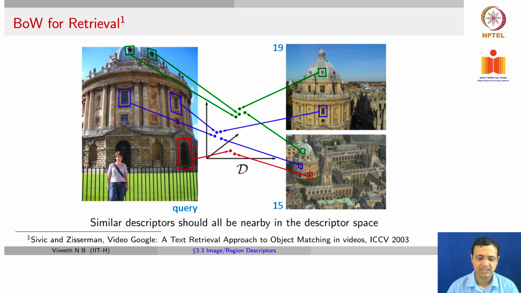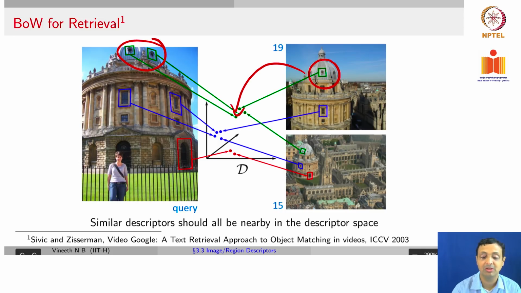So how do we want to resolve this problem? What we are going to say now is that if there were descriptors that were similar that would match between the two images, instead of matching them pairwise between the query image and the reference image, let's assume that similar descriptors will anyway correspond to similar representations in the representation space in a certain metric. Let's say the Euclidean metric, right? So a group of visual words or regions that are similar to each other would probably have similar representations, and they all group together in the representation space.